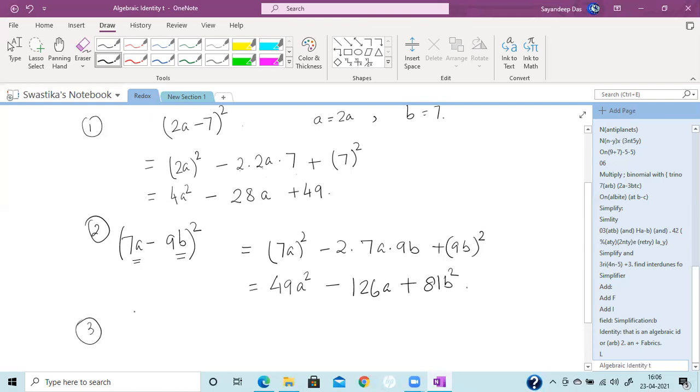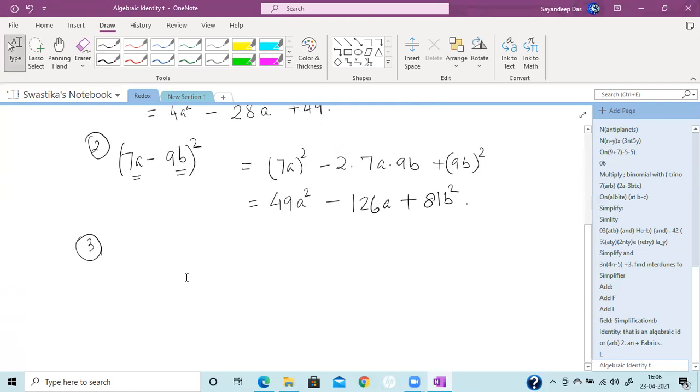Now the third problem is by taking a fraction in the binomial. If we are taking a term in fraction, then suppose you are asked to expand 3a minus half whole square. So here a is equal to 3a and b is equal to half.